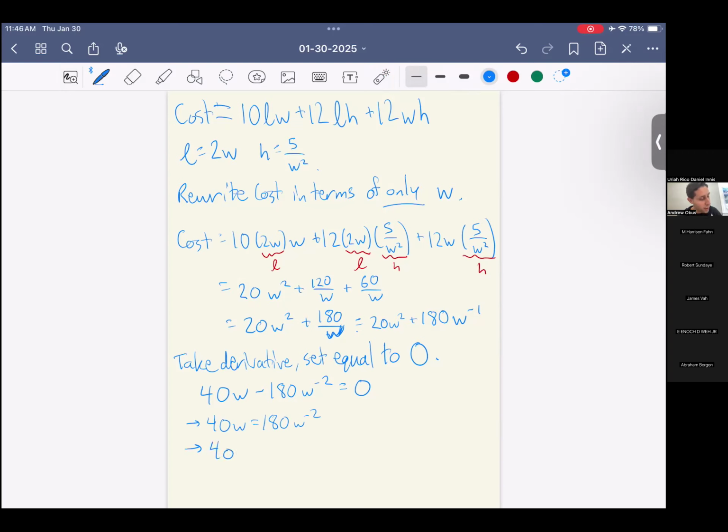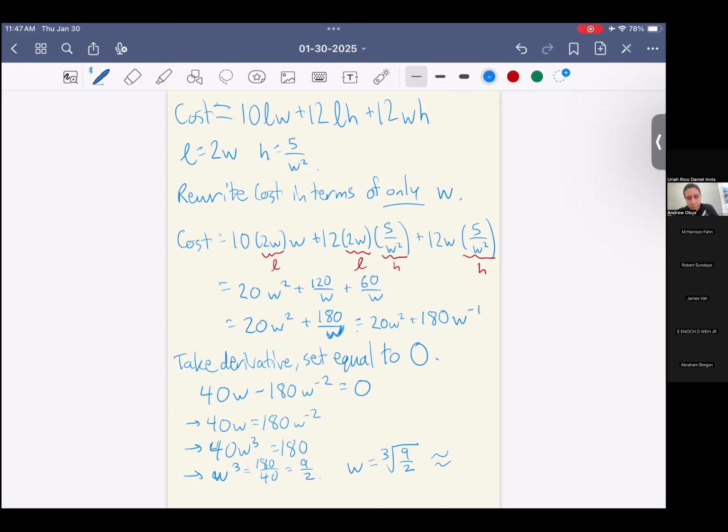So we're going to get 40W cubed equals 180, right? I multiplied both sides by W squared. And then this gives us that W cubed equals 180 over 40, or in other words, equals 9 halves when we reduce it. And so W is going to be the cube root of 9 halves. 9 halves is 4.5.